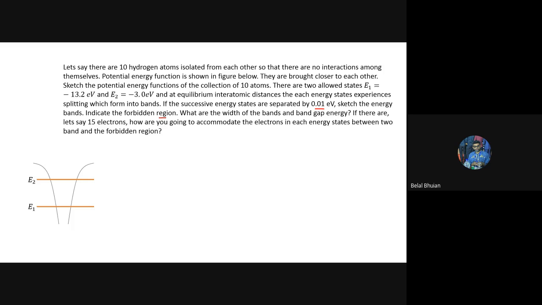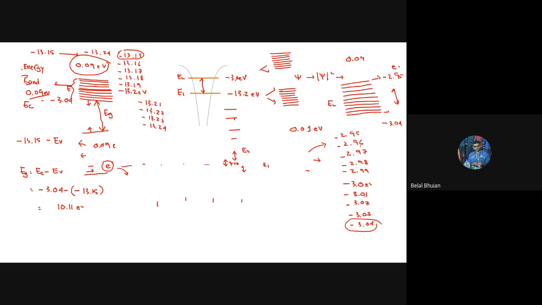If there are, let's say, 15 electrons, how are you going to accommodate the electrons in each energy state between the two bands and the forbidden gap? Let's say I have 10 atoms and 15 electrons, just a hypothetical scenario.